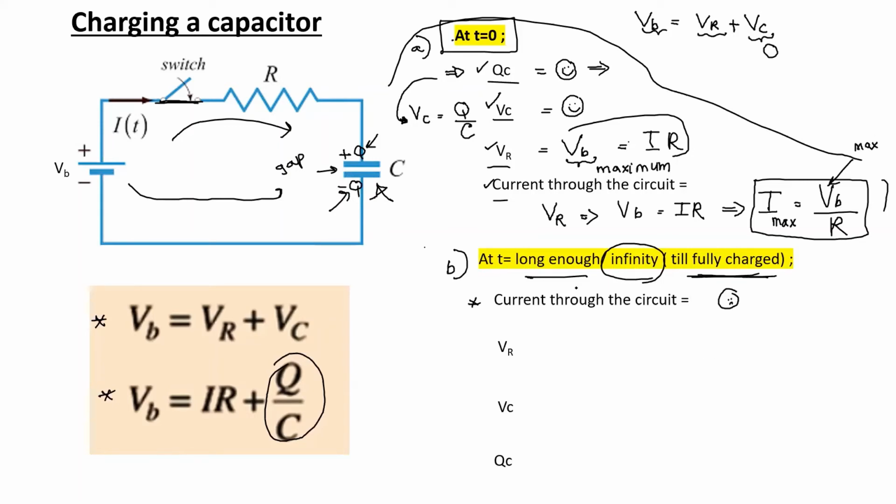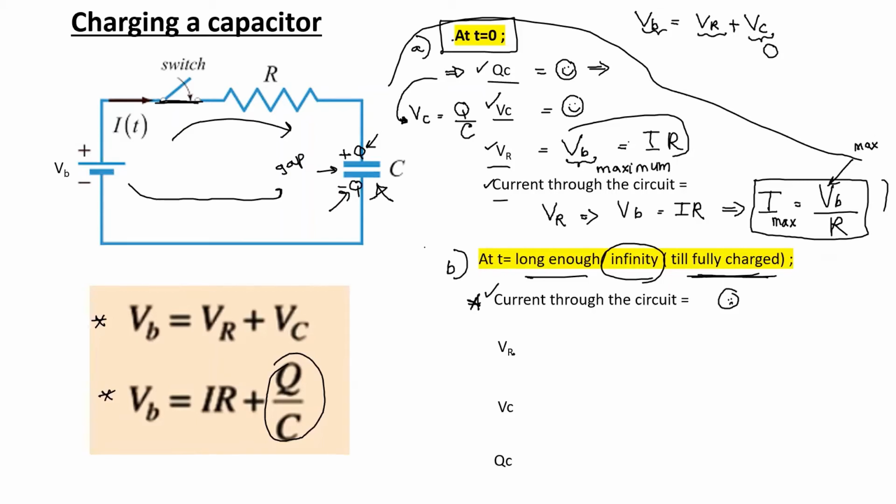Okay, so that is the starting point of this. When you start with this, you can keep on deriving the others. So are you okay with this? This is something you have to know. Remember, when your capacitor is completely charged, no current will flow through the circuit.